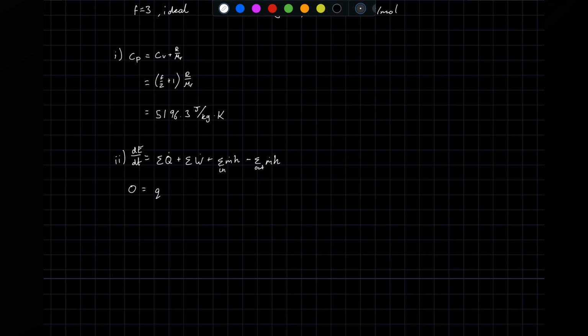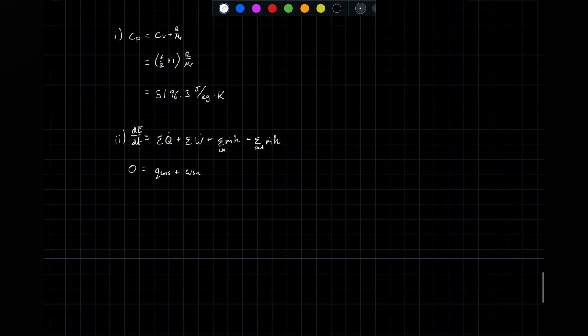We are doing this in per unit mass, so we can just directly write in our Q loss. Let's do small w, to stay consistent with our work in, which is the thing we're trying to figure out. And if we divide mh by m, we obviously only get h, so we get h in minus h out.